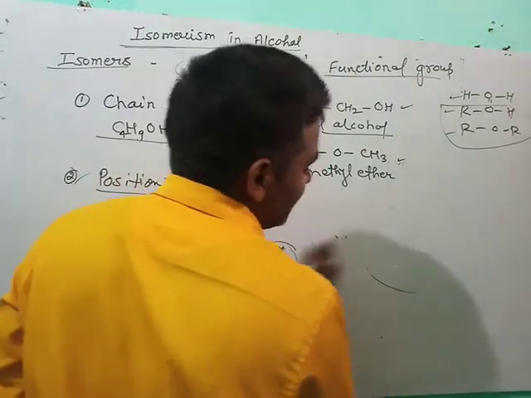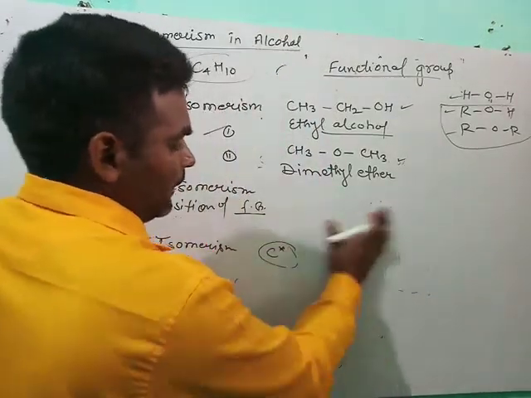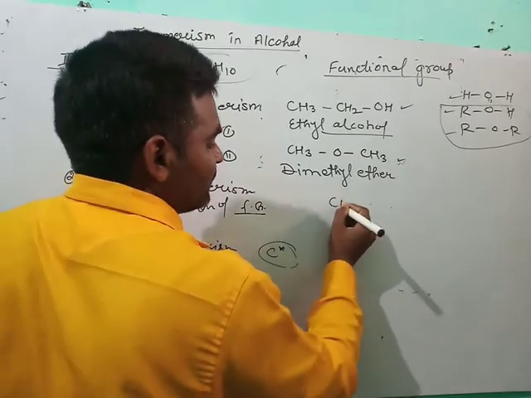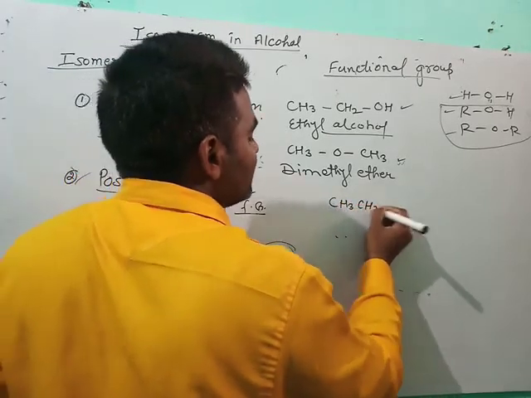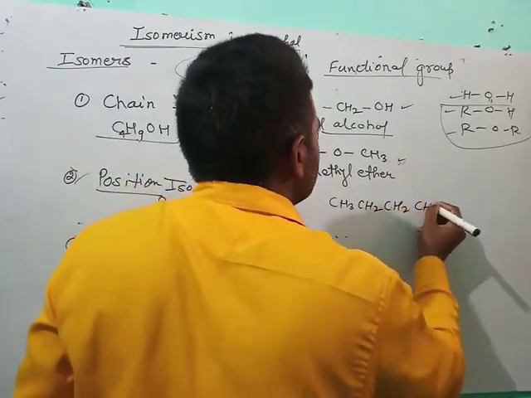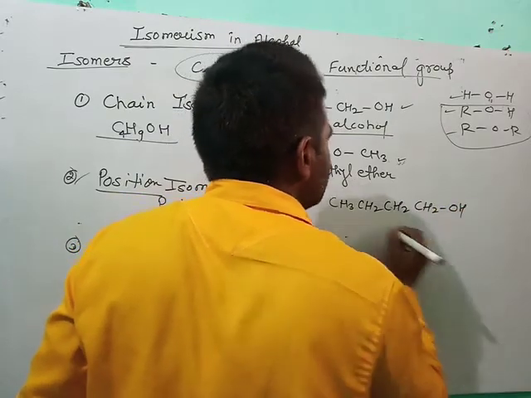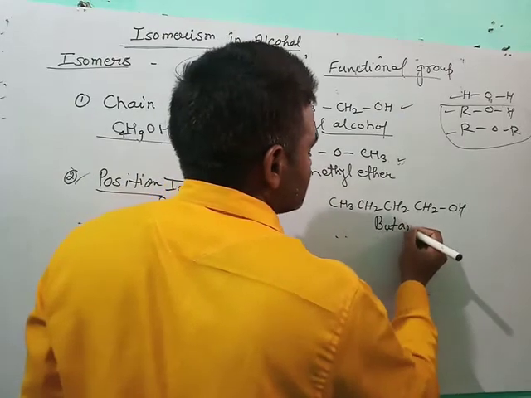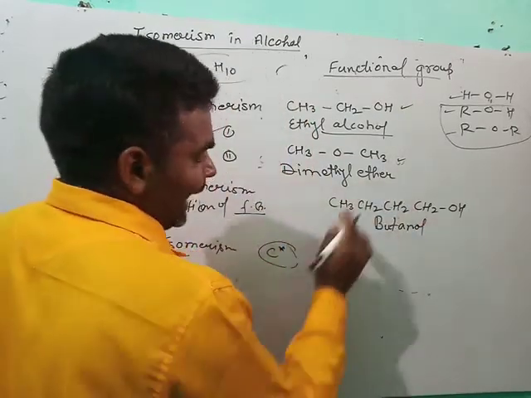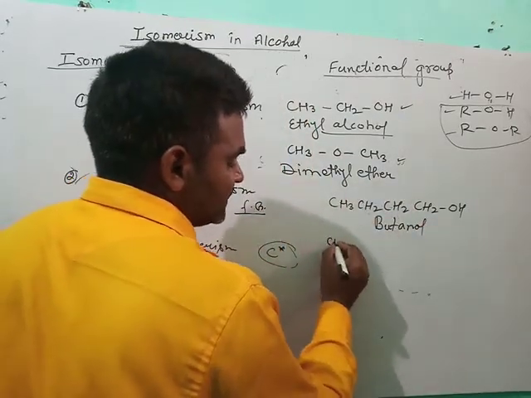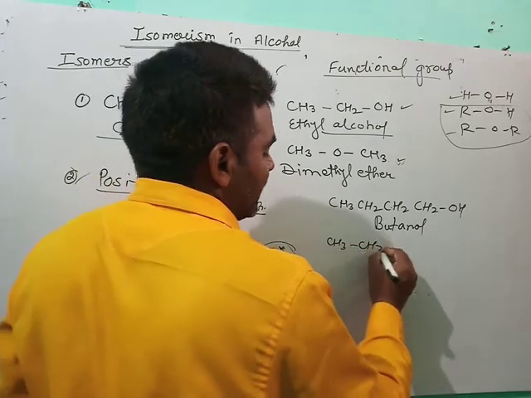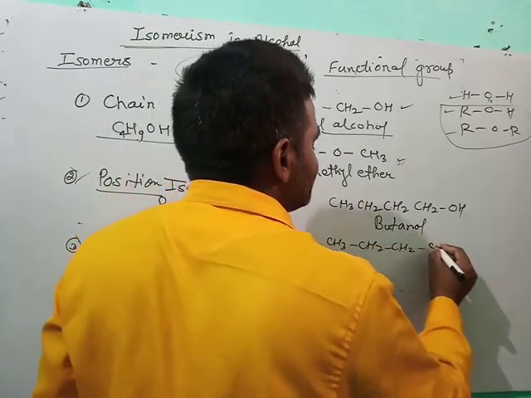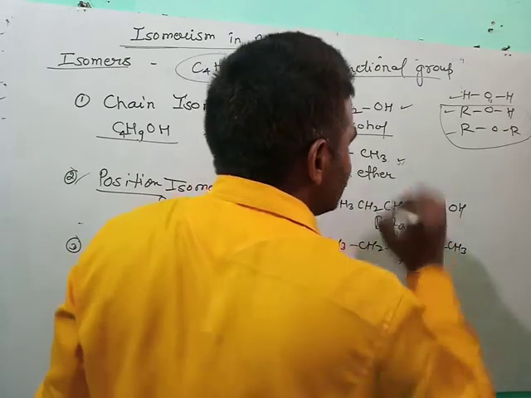Another example of this type: we have CH3, CH2, CH2, CH2, and OH. This is butanol. And this can be arranged as CH3, CH2, CH2O, and CH3.